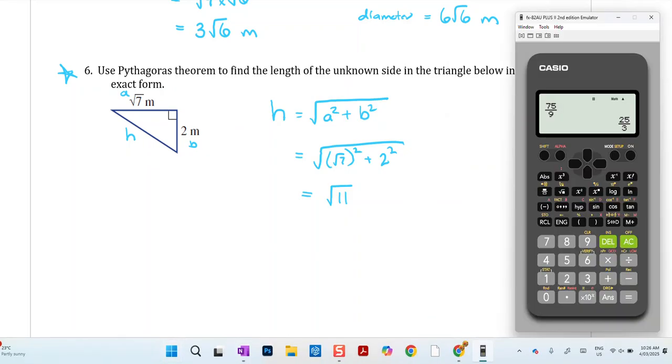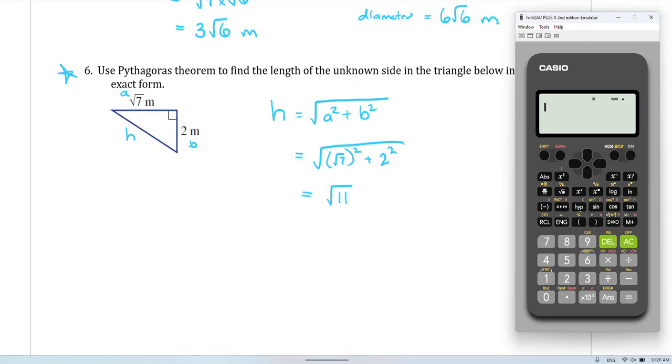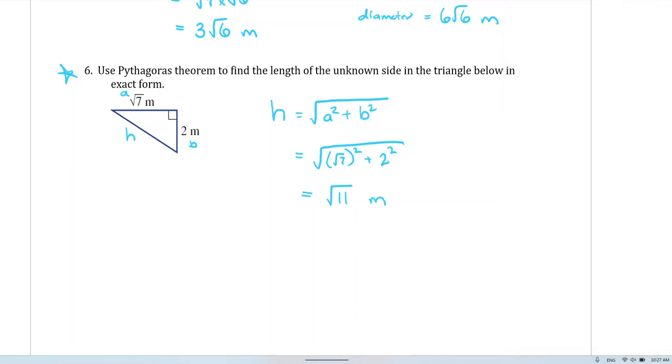You could do the underneath part of that on the calculator, so you could go square root of 7, close bracket, and then squared, and then plus 2 squared, so that is equal to the 11, and I just put the square root sign over the top of that to keep it in surd form. That is in meters.